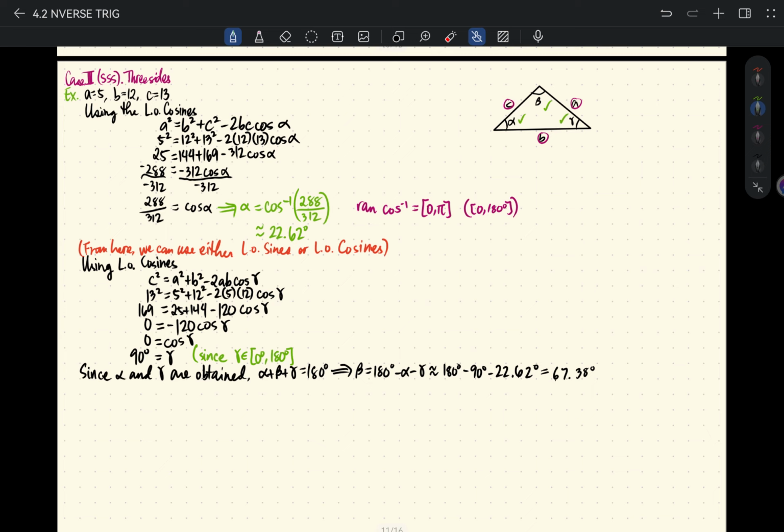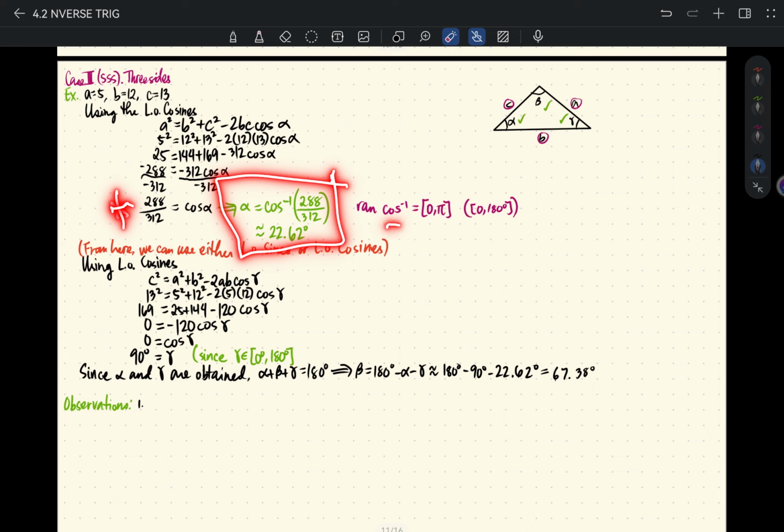So just like what we did in the first two cases, let's try and draw our observations. What is the crucial step in this solution? The crucial step here is obtaining the first two angles. So, to obtain the first angle, we use law of cosines. And we know that this one right here would give a unique value.